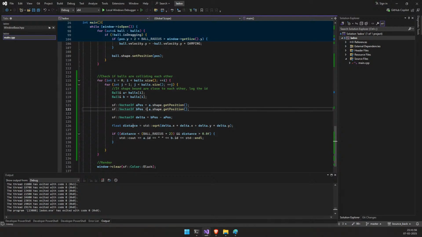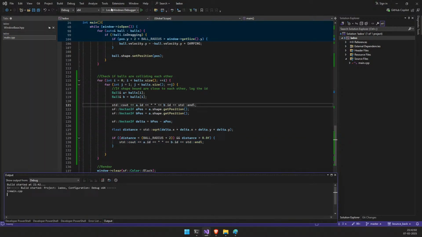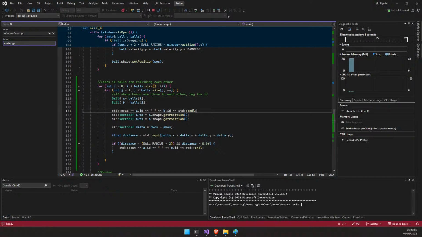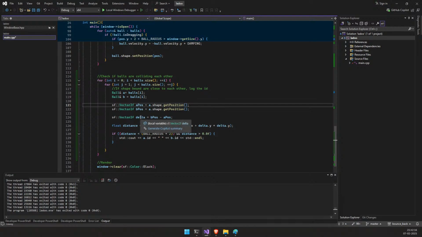So let's log this, trial from top. Nice, so they are getting logged. So this is working fine. We get delta, a position minus a position. We find the distance.